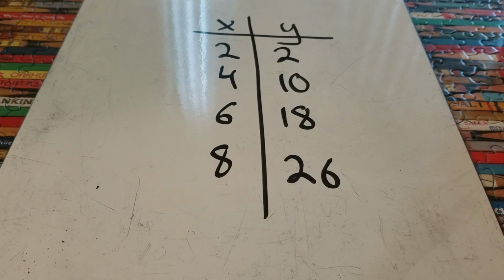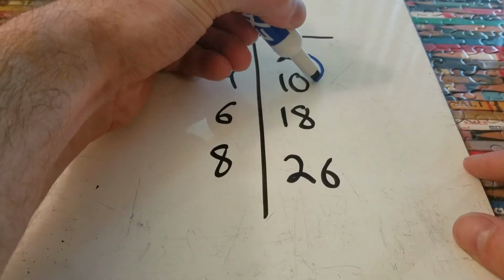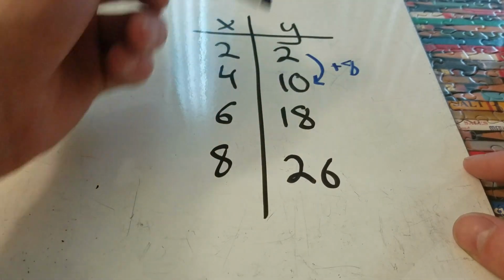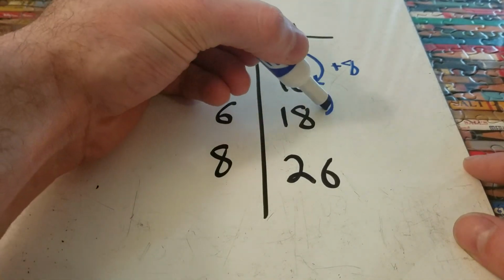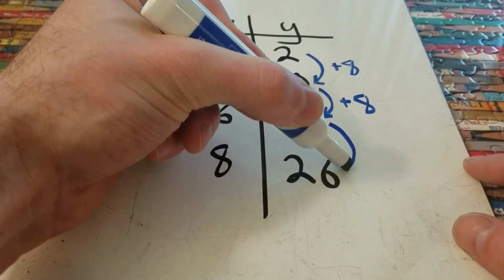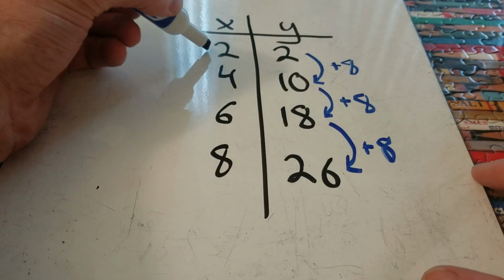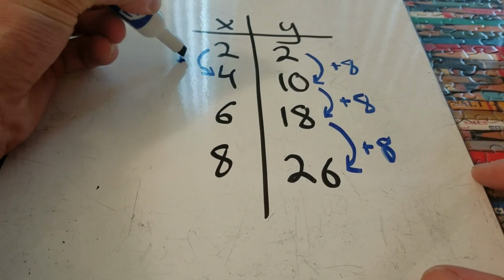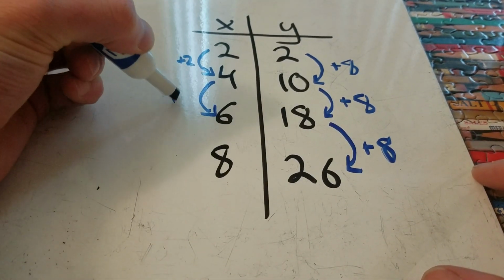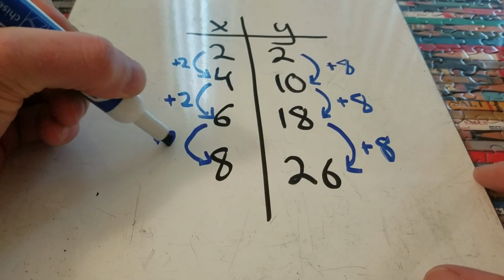Okay, so another example. Again, start out trying to find my slope. So this time I go here, 2 to 10, that's plus 8. 10 to 18 is plus 8 again. And 18 to 26, plus 8 again. Over here, it's plus 2, and plus 2.